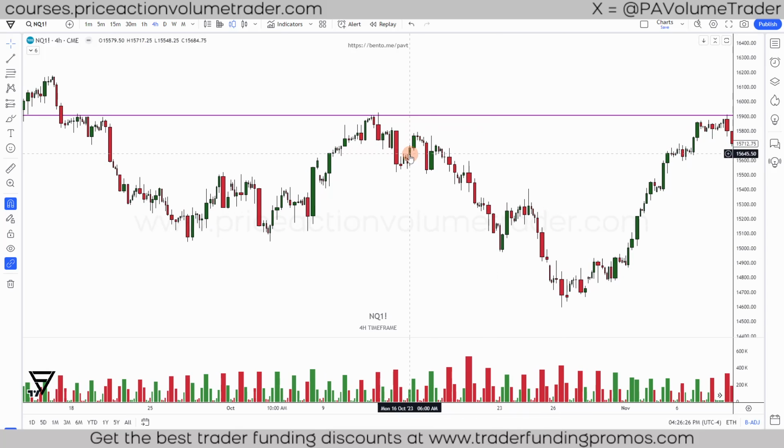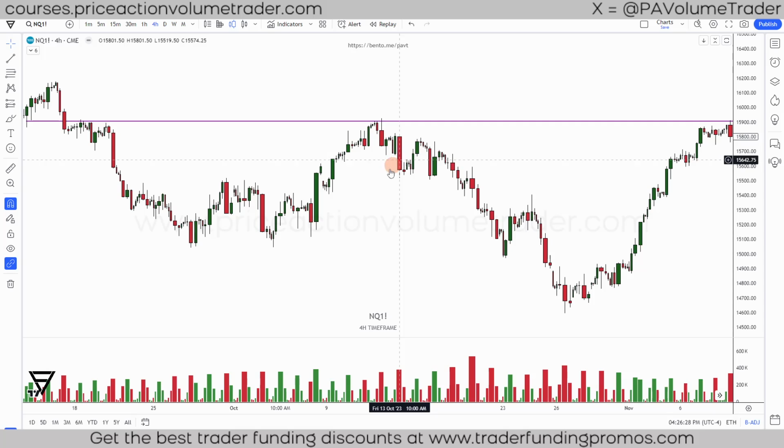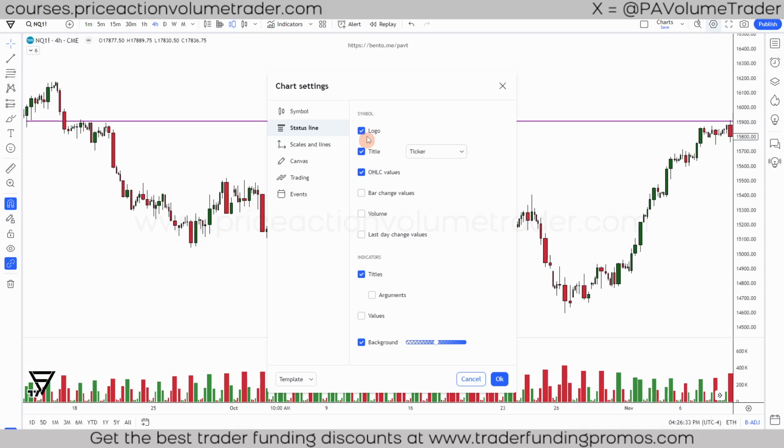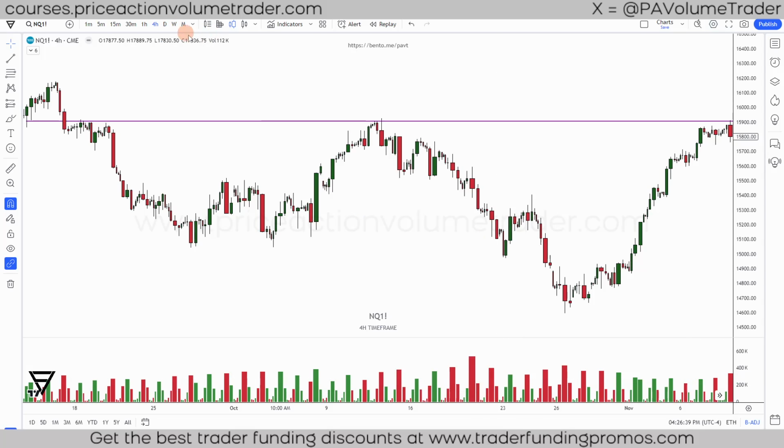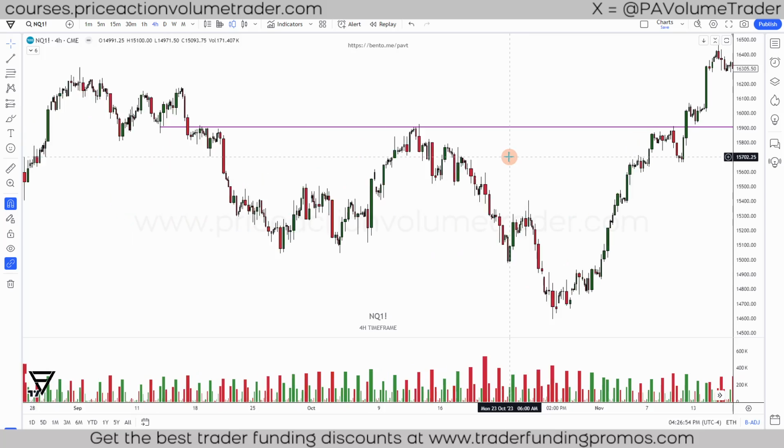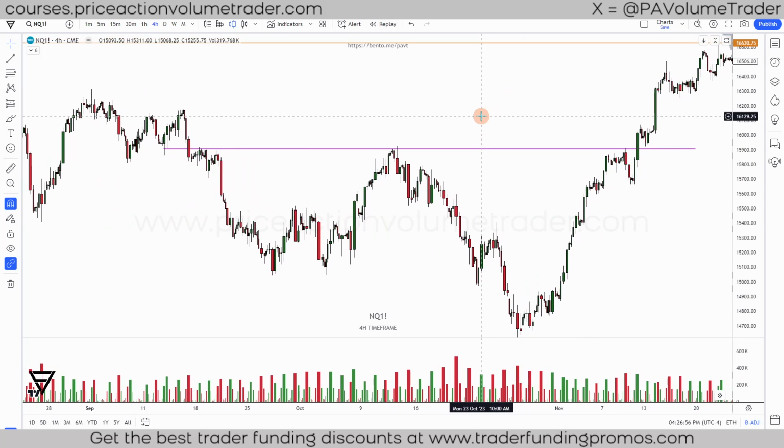Or if you want more information on each candle specifically, you can go to the chart settings over here, and under status line you can enable volume, and now you can see that right here you have a little setting that says volume. So whatever candle I put my mouse over is going to tell me specifically the amount of volume on that candle.